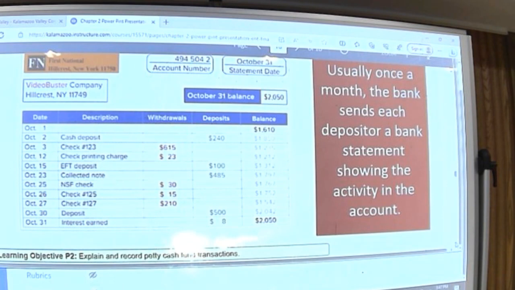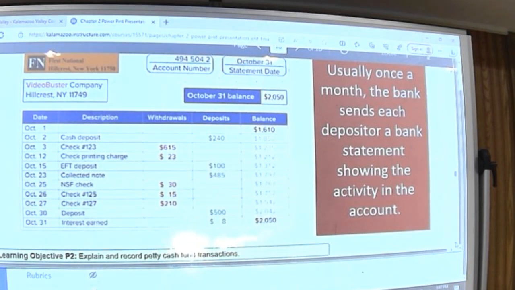You wouldn't have been aware of that until you got your statement probably. And then also at the very end, you can see that we got a little bit of interest on the money in our checking account. So that's in addition to the balance. The ending balance, $2,050.